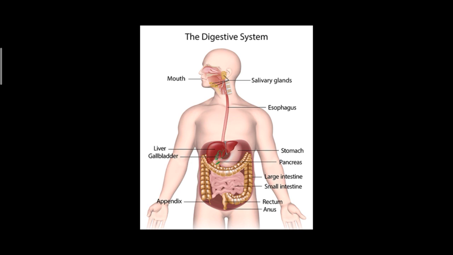The first part is the mouth, and there you can see a tube-like structure. It is called esophagus. Then the food will reach the stomach. Then the food will reach the small intestine. Then large intestine. These are the parts where food will move.